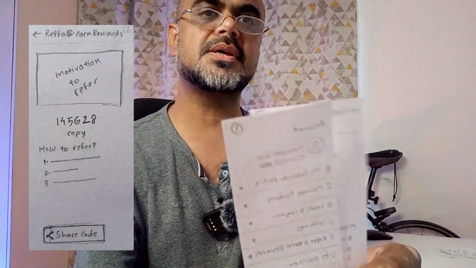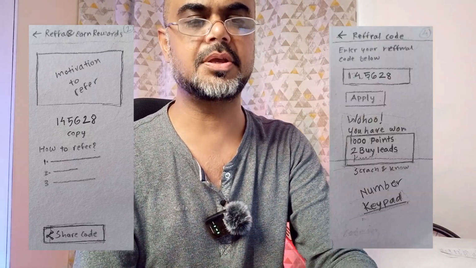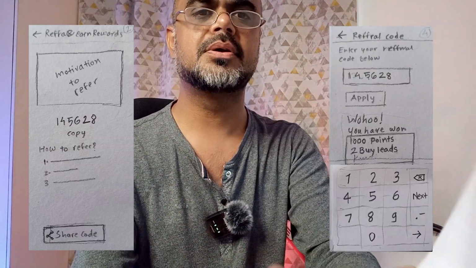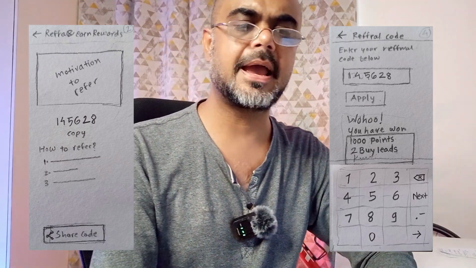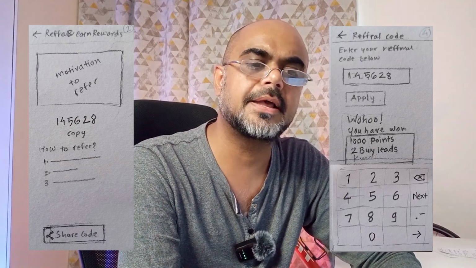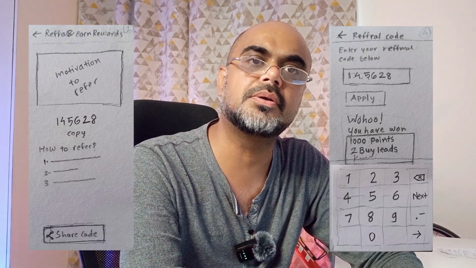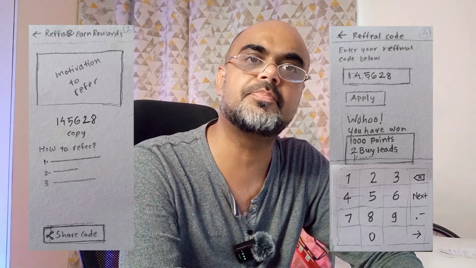So these designs are for the sender and these designs are for the receiver, right? The one who receives the referral code, and then he enters the referral code in the sign-in page, and then he can earn some points.